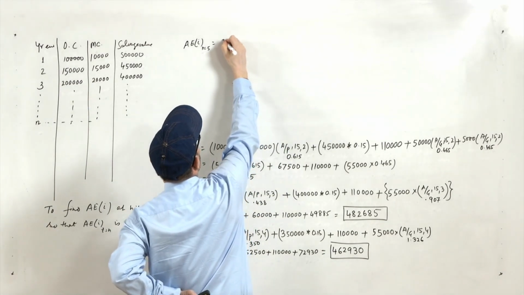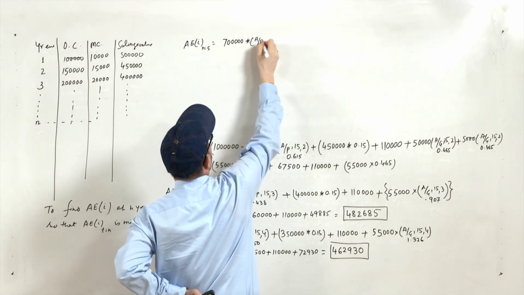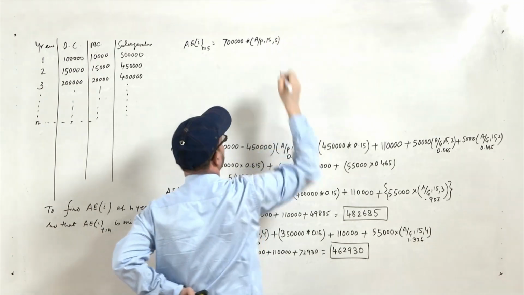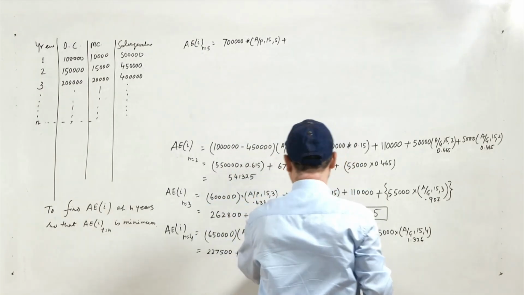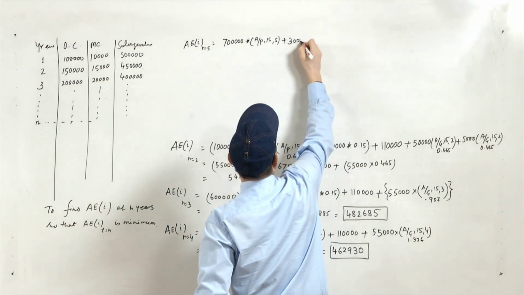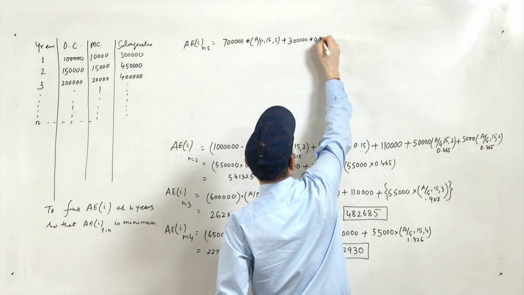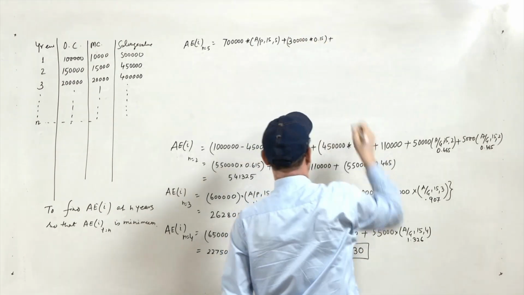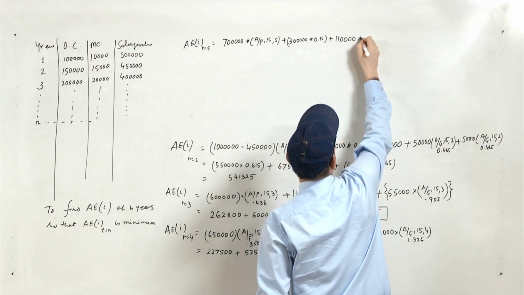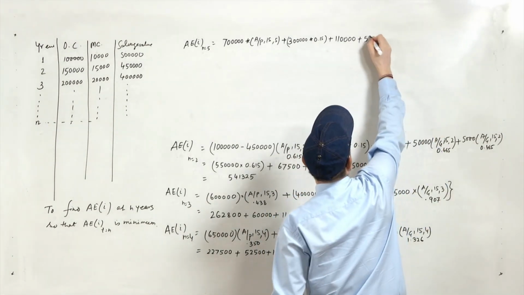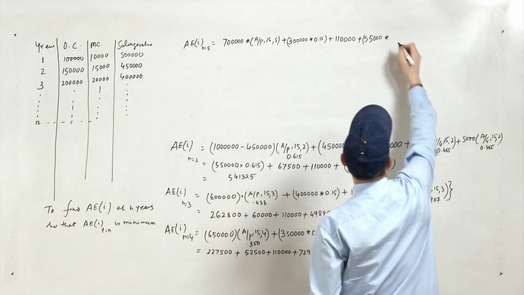So, you will have 7 lakh multiplied by A by P 15.5, plus salvage value is 3 lakh, so 3 lakh multiplied by interest rate, plus 1,10,000 plus 5,000 multiplied by A by G 15.5.